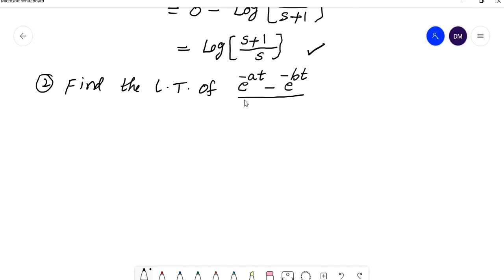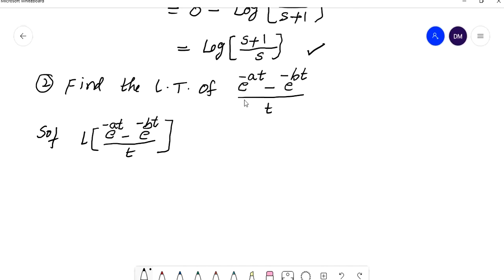So what is the solution of this problem? See that, what do we want? We want the Laplace transform of e power minus at minus e power minus bt by t.